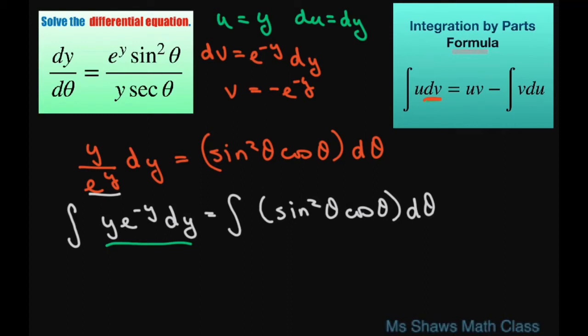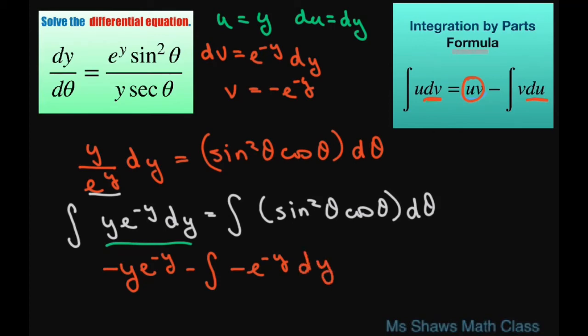So substituting this left-hand side in, we're going to get u times v. To do this in red, that's going to be u is y, and v is negative e to the power of negative y, minus the integral of v is negative e to the power of negative y, and du is just dy.